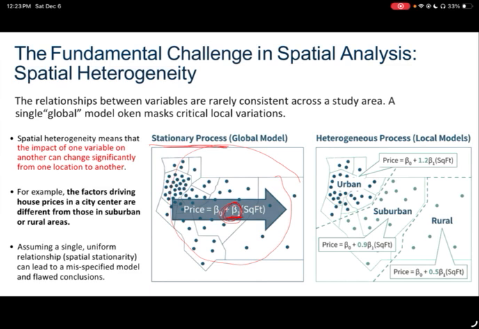But in reality, for example, we can take house price here. House prices in urban areas are often higher because, for example, the house is located nearby a train station or the university.